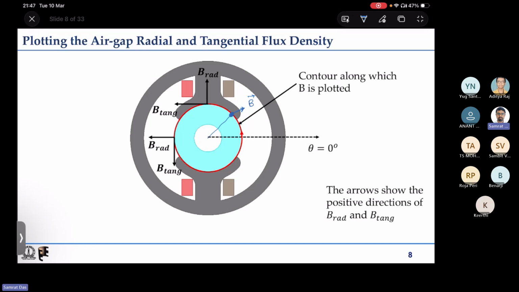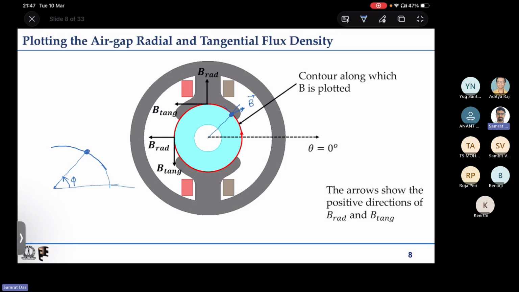So we will take the components of this B vector along the tangential direction and along the radial direction. That is what we will do. This is a simple thing to do. Suppose at any point, this is the air gap circle, this is the center, say. This point makes some angle, say phi, at the center, with respect to the horizontal line.